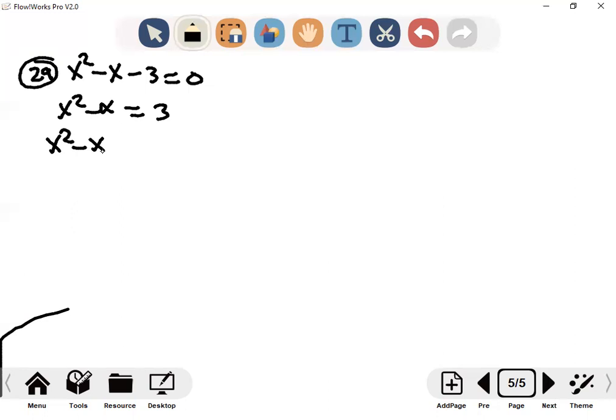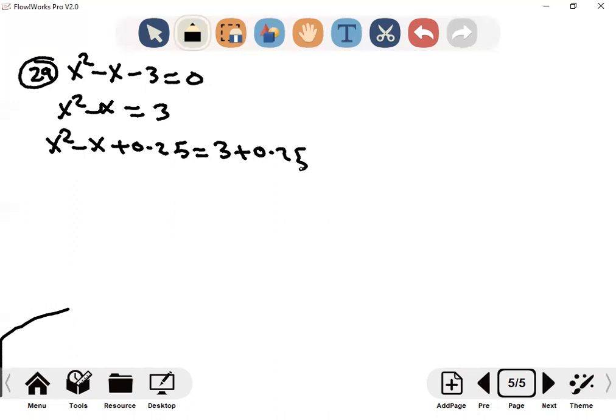And do it. Half of 1, 1 over 2, power 2, add it here and there. So here plus 1 over 4, which is 0.25. Okay. Plus 0.25 equal 3 plus 0.25. Add it here and there.